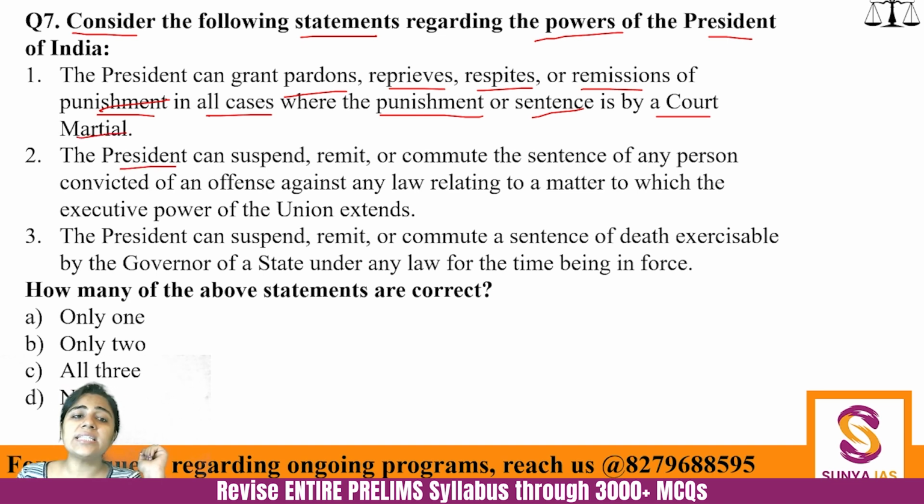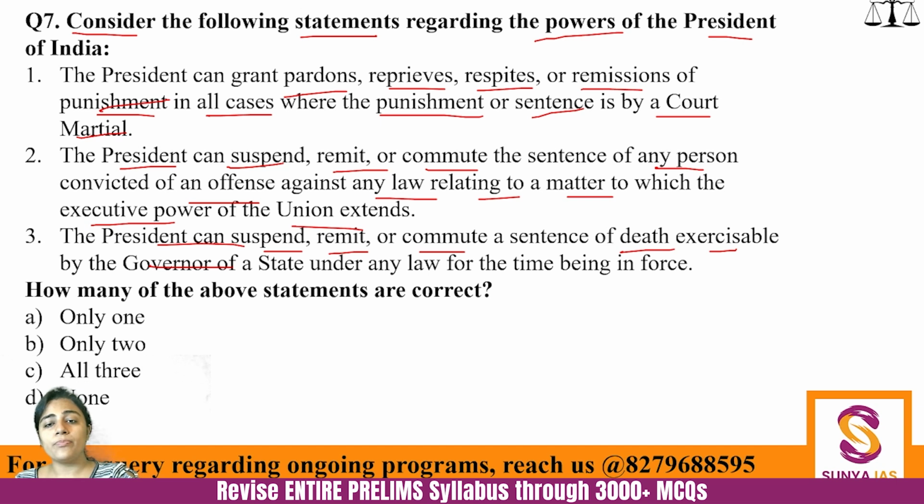The President can suspend, remit or commute the sentence of any person convicted of an offence against any law relating to a matter to which the executive power of the Union extends. And the President can suspend, remit or commute a sentence of death exercisable by the governor of a state under any law for the time being in force. Which of the given statements are correct?